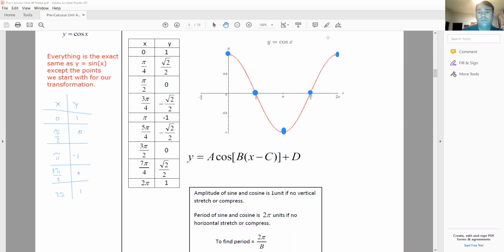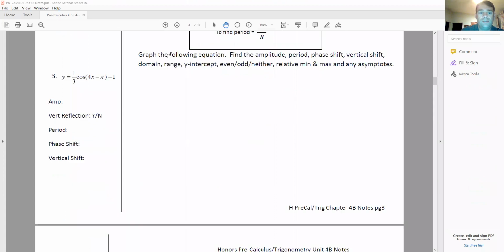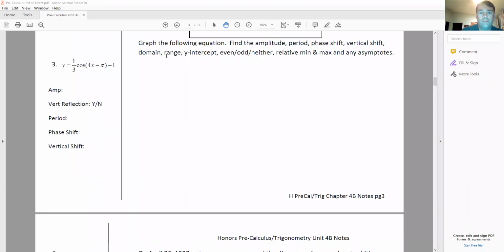We just get different points to start with. All right, so let's deal with cosine. And again, everything stays the same. Still have our A, our B, our C, and our D. Just get different points to start with.